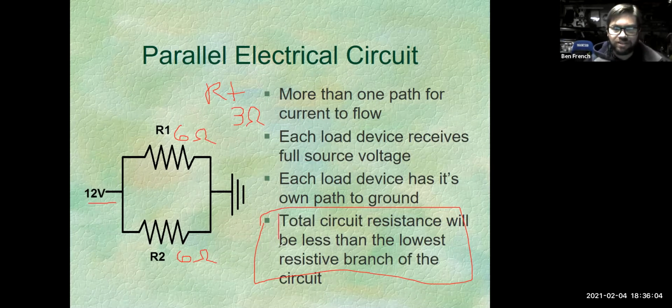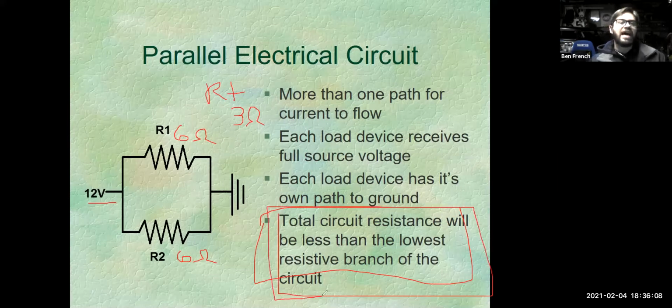That's what we're getting to here. Every time I add a branch, it's like adding another lane on the freeway. And now I should be able to flow more cars, right? So because current, the flow of electrons, some of them can go through that branch, some of them can go through that branch.